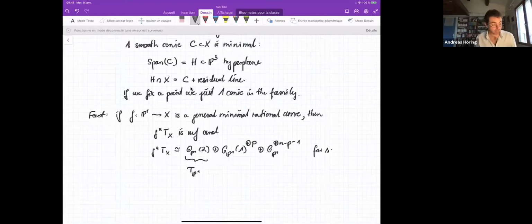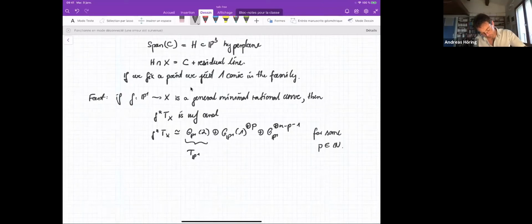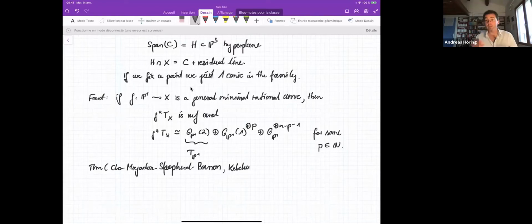And there's an important fact that we'll use. There's a famous theorem by Cho, Miyaoka, Shepherd-Barron, and then important contributions by Kebekus to this theorem, which tells you that in the case where p is equal to n minus 1, so this is where you have a decomposition O(2), and then all other factors are O(1), then this is the projective space.